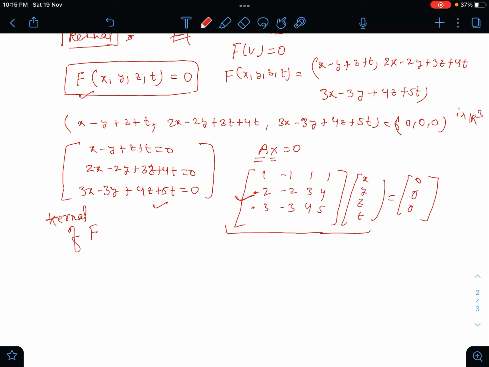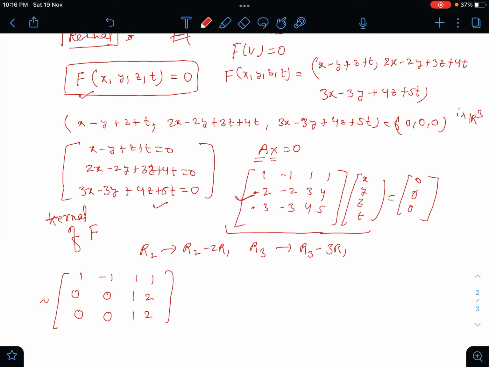For that let us apply row operations on R2 as R2 minus 2R1, and on R3 as R3 minus 3R1. So the matrix A will become [1 -1 1 1; 0 0 1 2; 0 0 1 2].